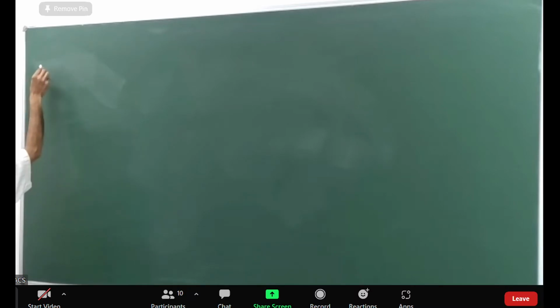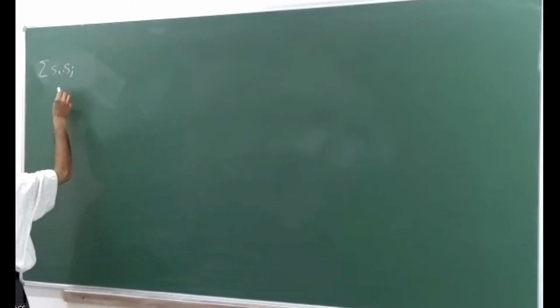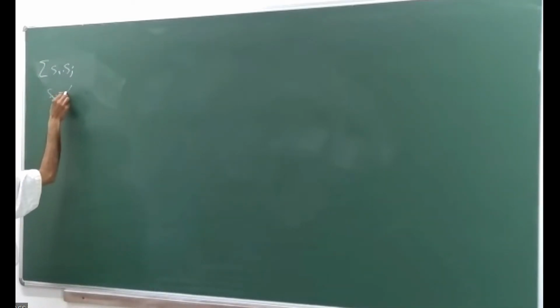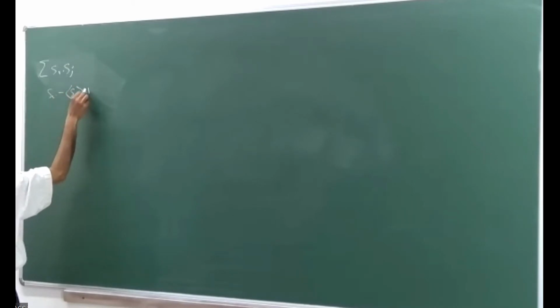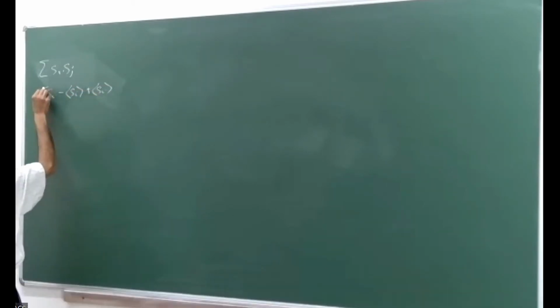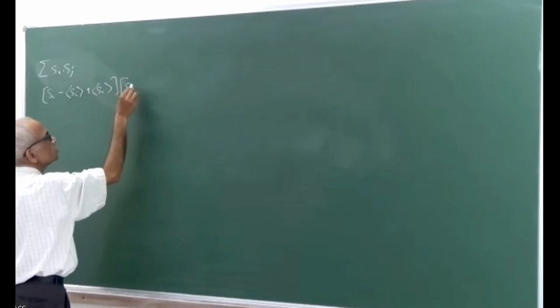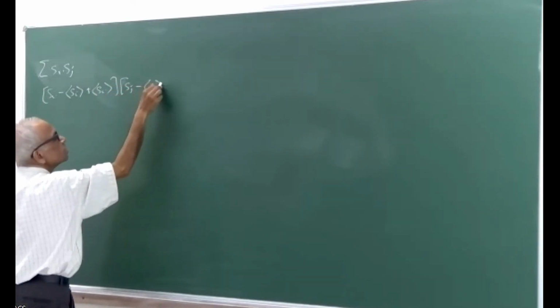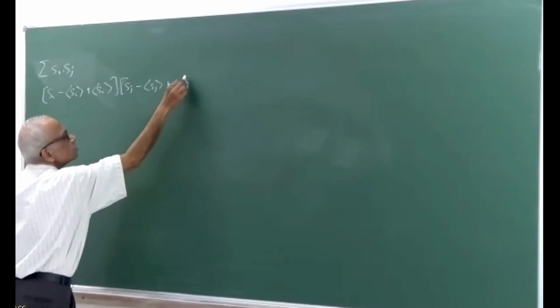I need to make a correction. I dropped a factor in the mean field theory. There was this question: SiSj, which I replaced by (Si minus average Si) times (Sj minus average) plus average Si times Sj.